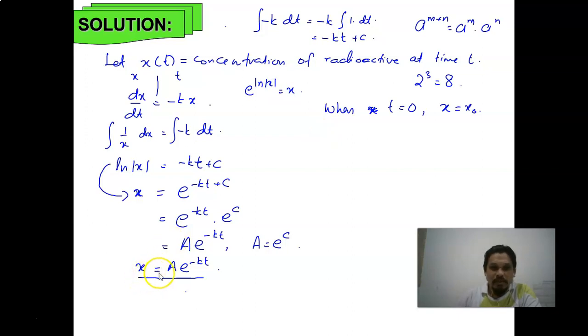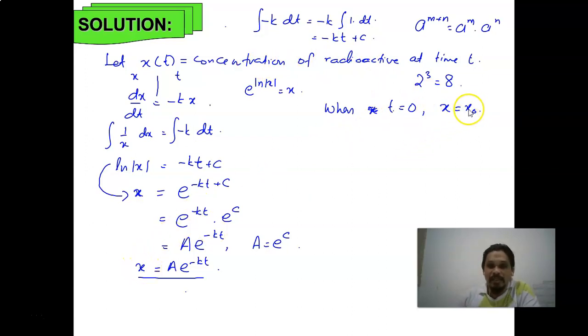When x equals a e to the power of negative kt, and when t equals 0, the earliest amount of the relative substance x, we consider as x naught.